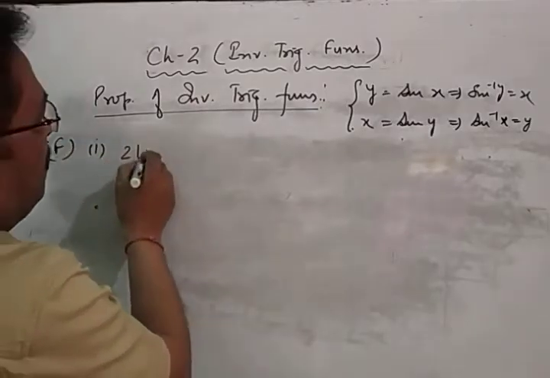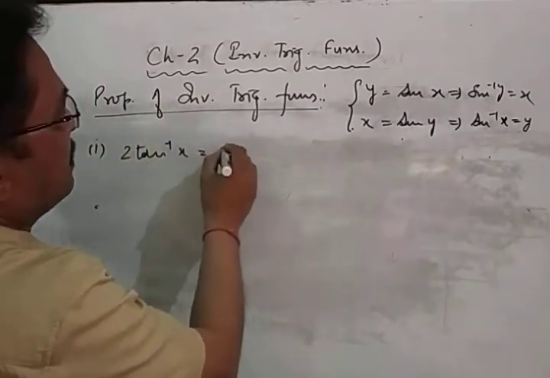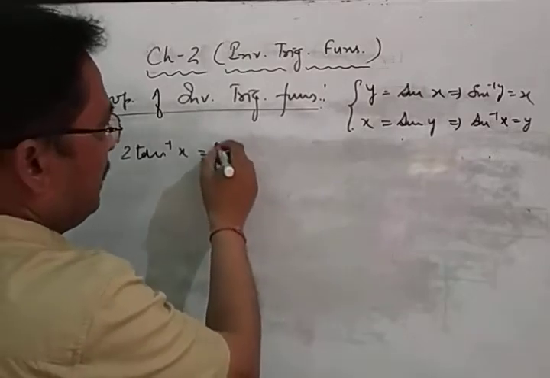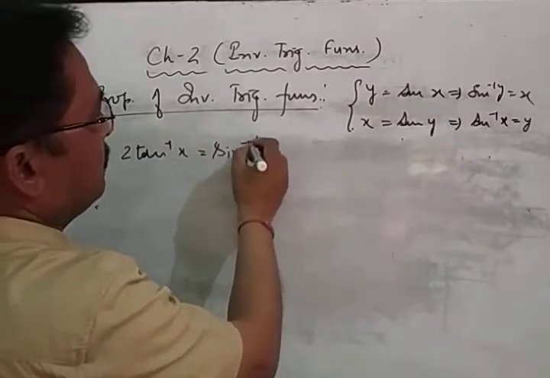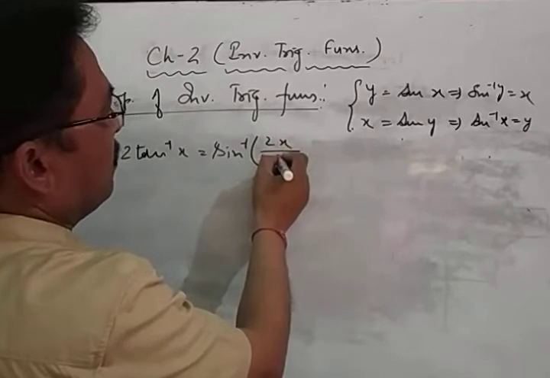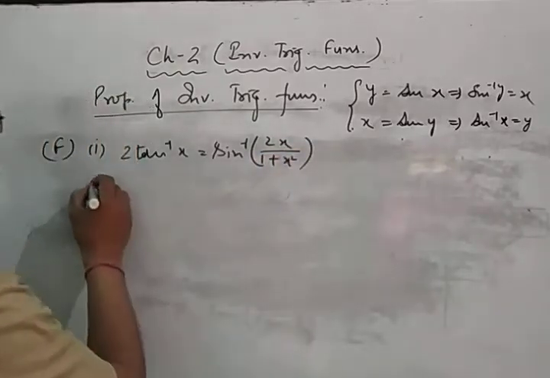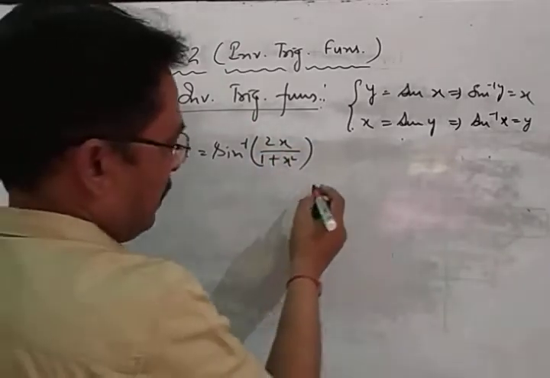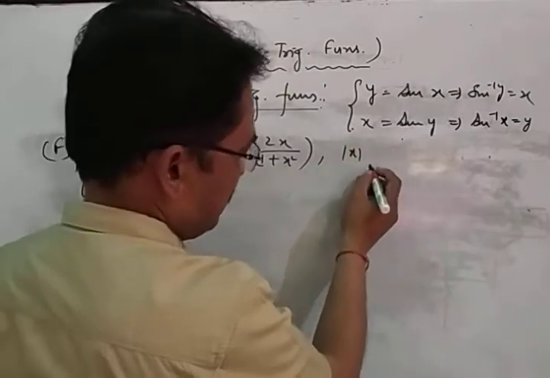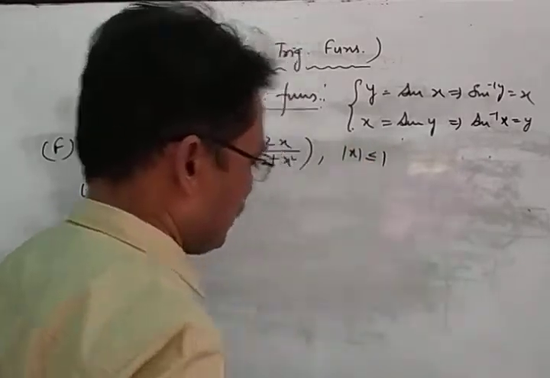First, 2 tan inverse x is equal to sin inverse 2x upon 1 plus x square, when mod of x is less than or equal to 1.